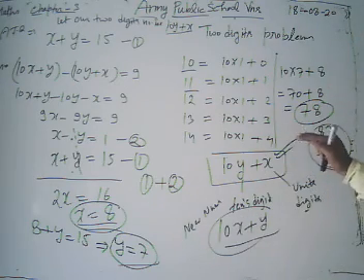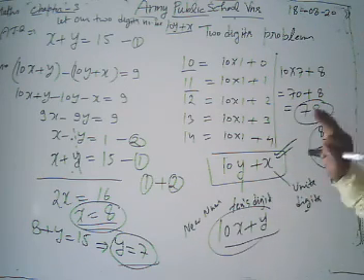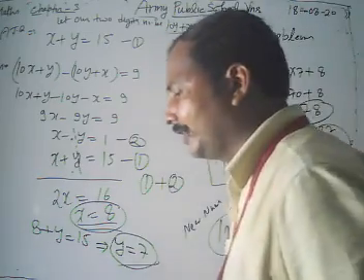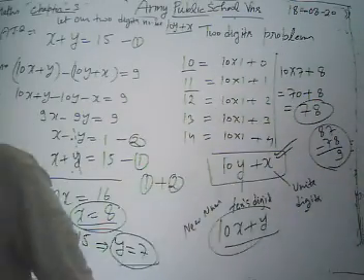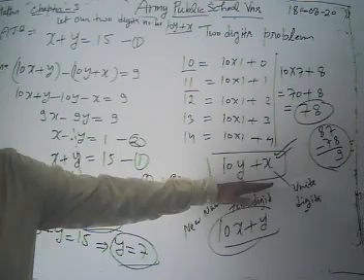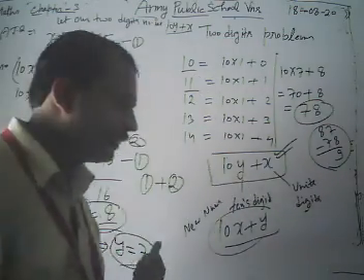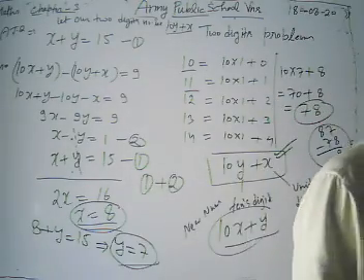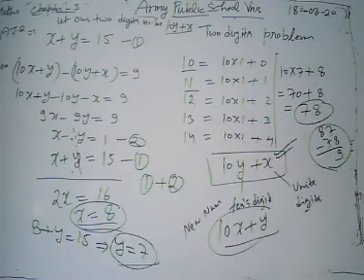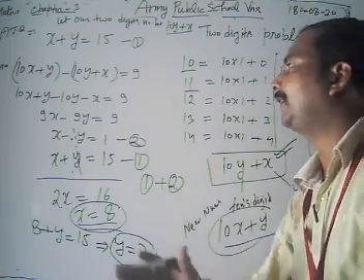But whenever we have to take any two-digit number, we have to start with the formation that, let our two-digit number be 10y plus x. We start with 10y plus x. Now we go to our question. It is given that the sum of the digits is 15.